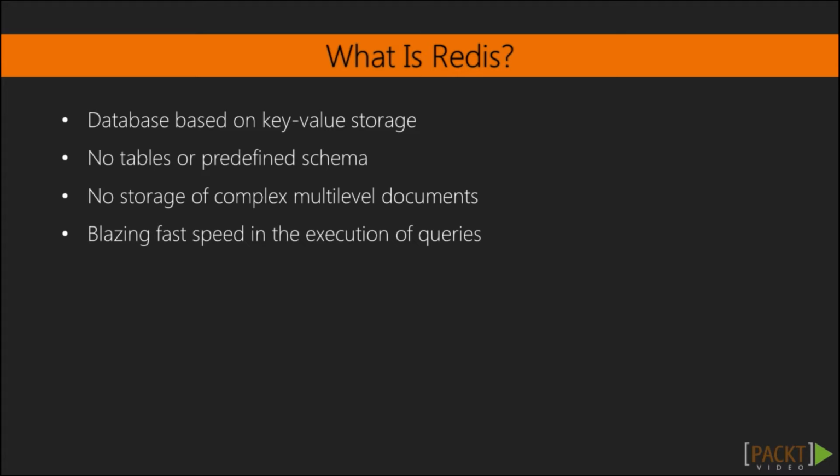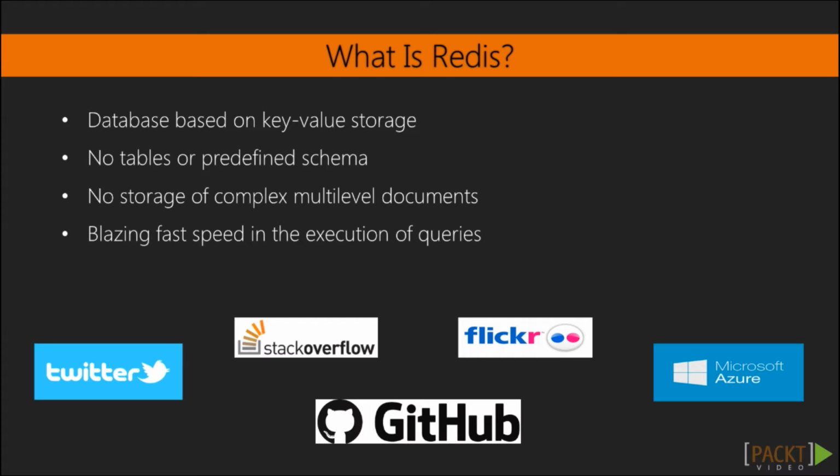Another positive side of such a structure is the blazing fast speed in the execution of queries. This is the reason why information technology industry giants such as Twitter, Stack Overflow, GitHub, Flickr, Microsoft Azure, and others use Redis for their needs.